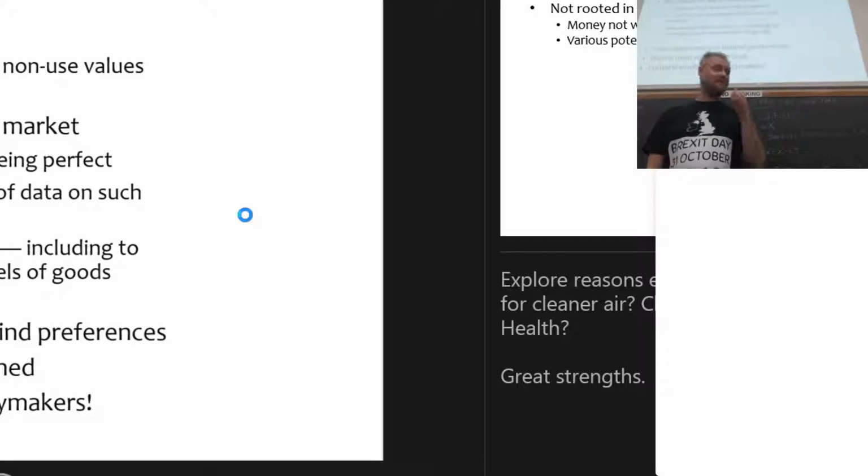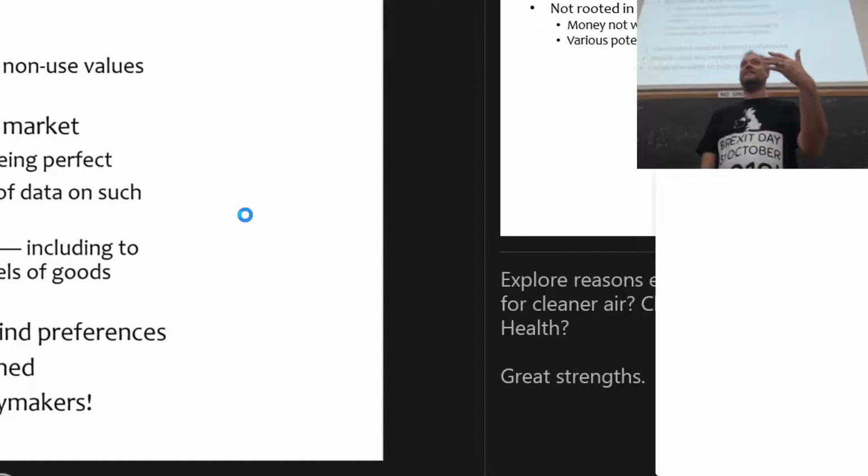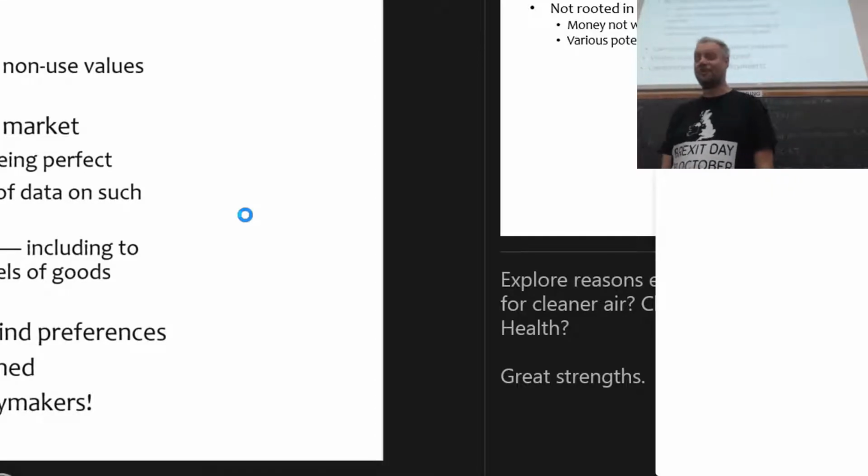And another good thing about stated preference methods is that since you do not rely on things that happen, you can also ask about things that are still to happen, right? Revealed preference methods necessarily look at the past, because we only have observations of the past.